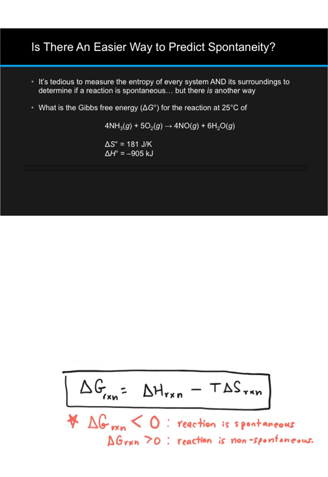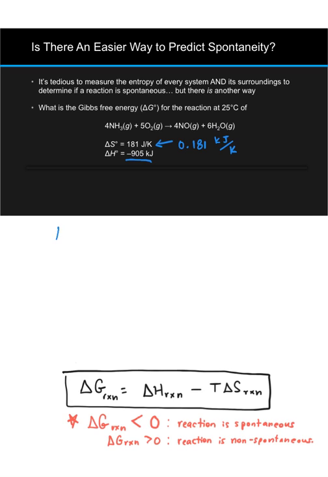According to our previous results, our enthalpy of reaction, delta H, is negative 905 kilojoules per mole. And our entropy of reaction is 181 joules per mole per Kelvin. In order to keep energy units consistent, perhaps we can convert this to kilojoules per mole per Kelvin.